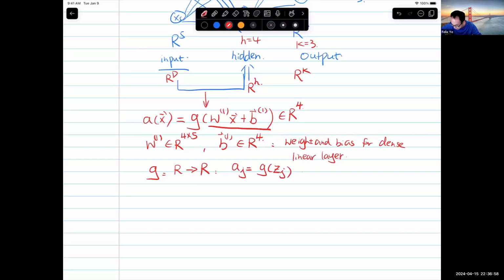This is an element-wise operation, very common in neural networks, and g is called the nonlinear activation function.